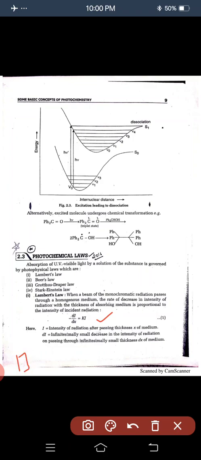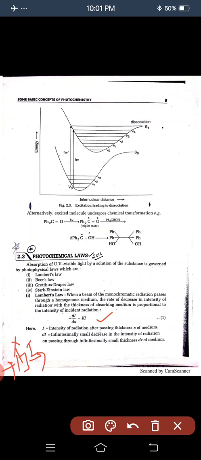Here the thickness is x, the radiation goes in through this, and here is I.